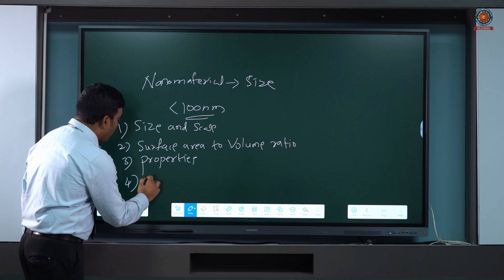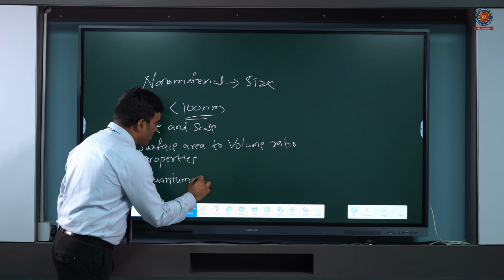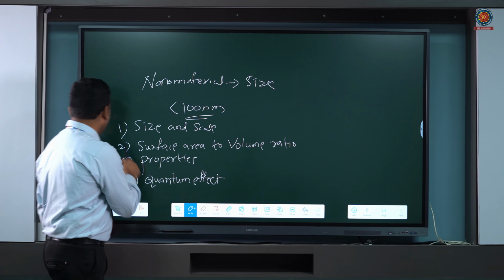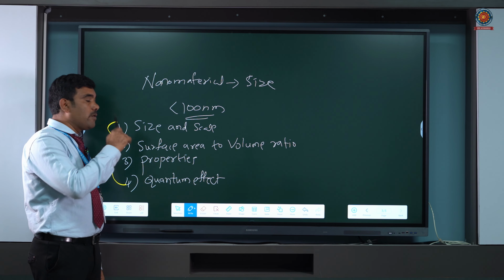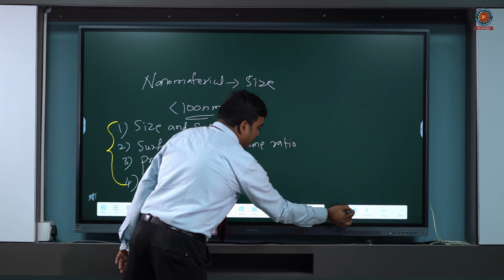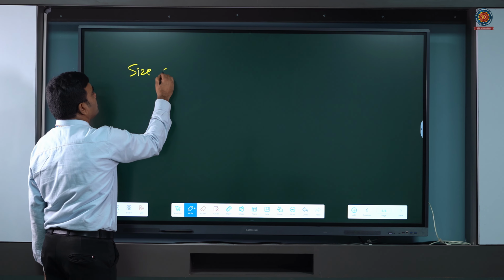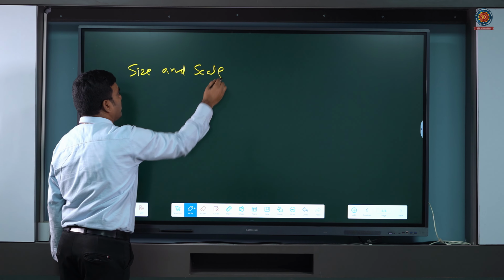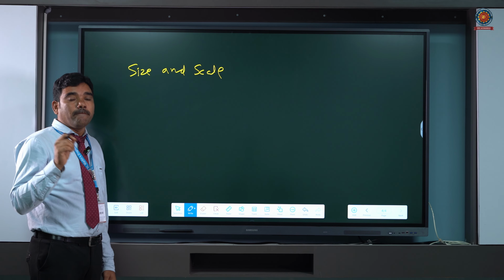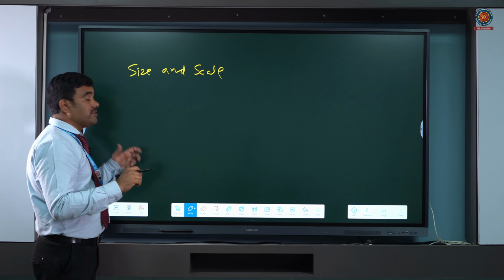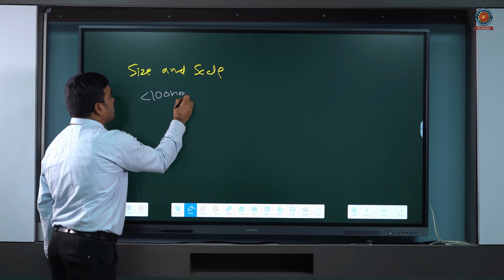Fourth is quantum effect. These are the differences between nanomaterials and their bulk. Now, what is size and scale? The material's properties depend on the material size, which here is below 100 nanometers.